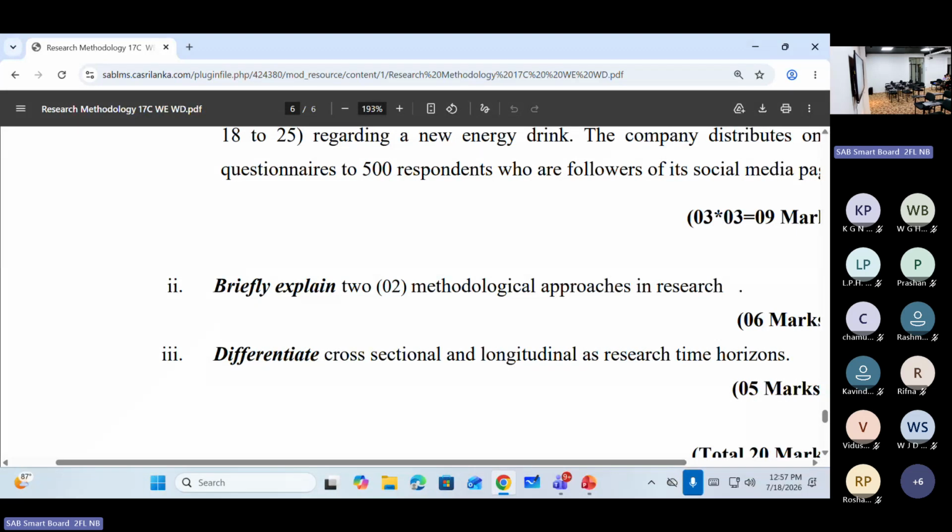Example. Analysis of barriers and challenges.